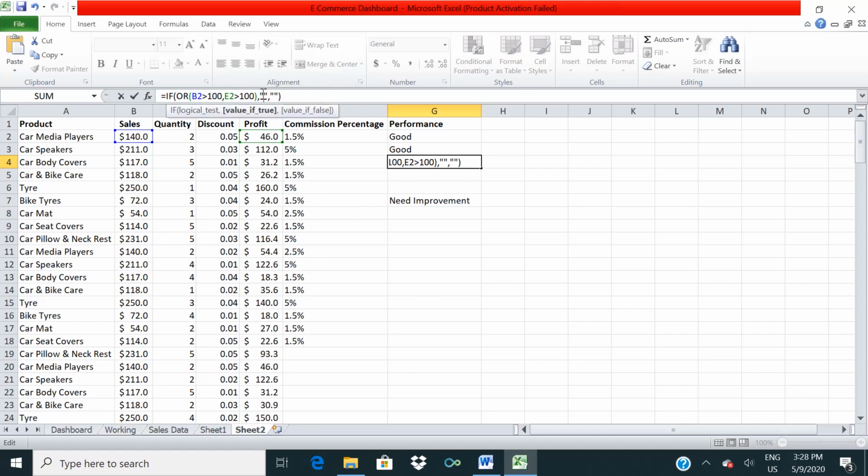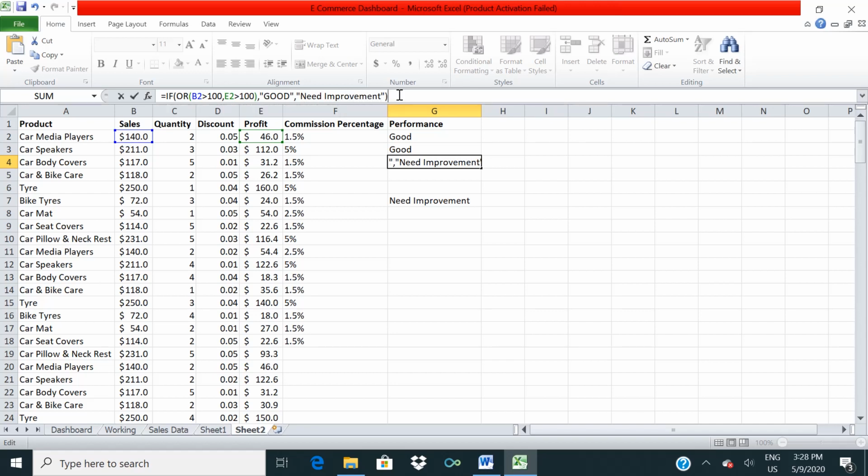So if it is satisfying this criteria, it will be good performance, else it will be need improvement.